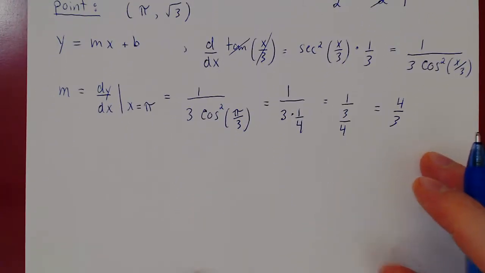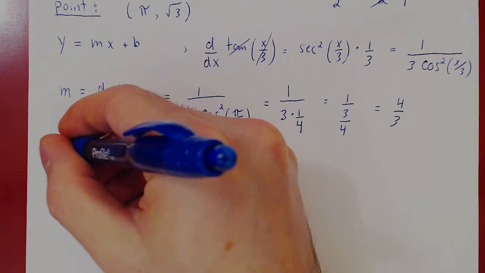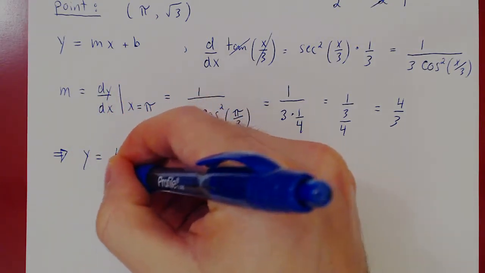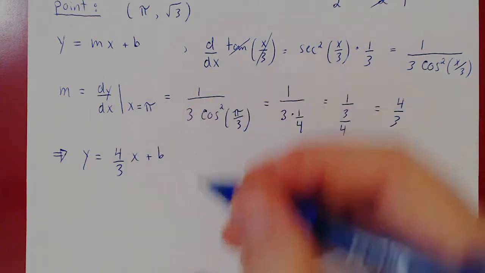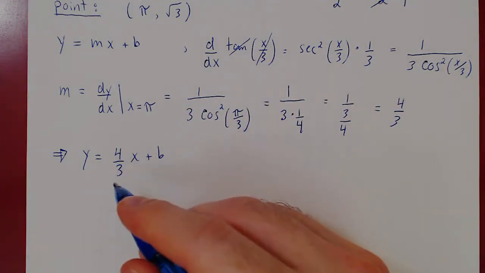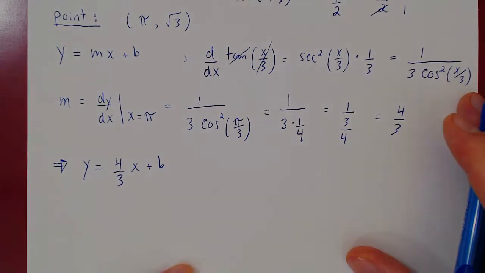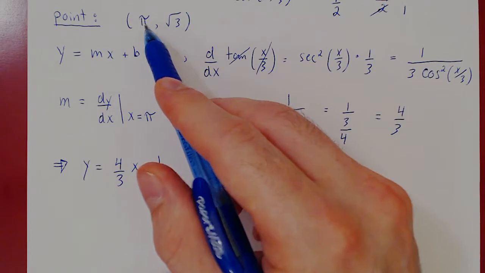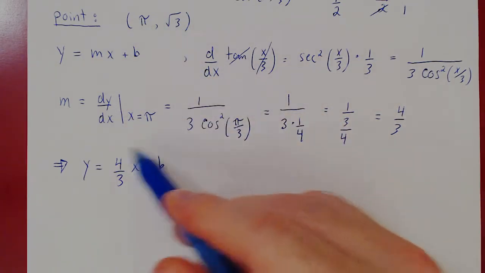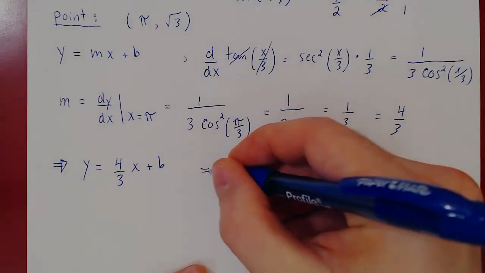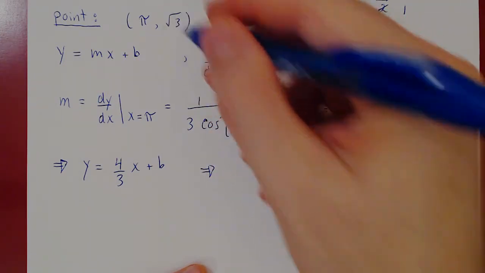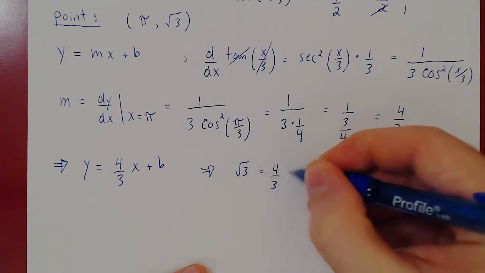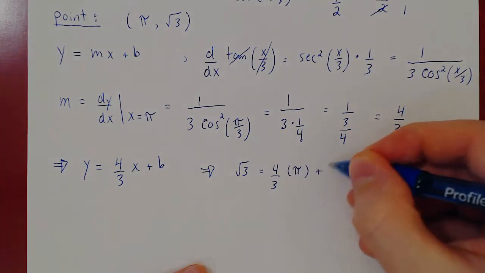So we can now substitute, and the tangent line has an equation given by 4/3 x plus b. And finally, we can solve for b using the fact that the tangent line passes through the function at this point. So the point x equals pi, y equals root 3 is a solution of the equation. So if we substitute y for root 3 and x for pi, we get the following equation.